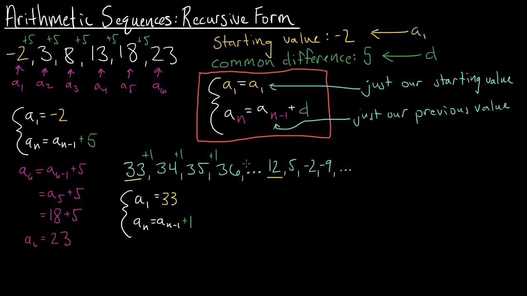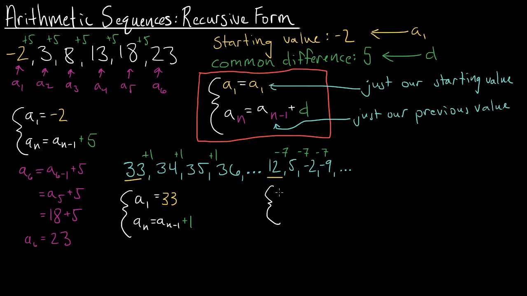And the next thing is to identify my common difference. In other words, what do I need to add or subtract to get the next number in the sequence? To go from 12 to 5, I need to subtract 7. And then again, subtract 7 to go from 5 to -2, subtract 7 to go from -2 to -9, and so on.